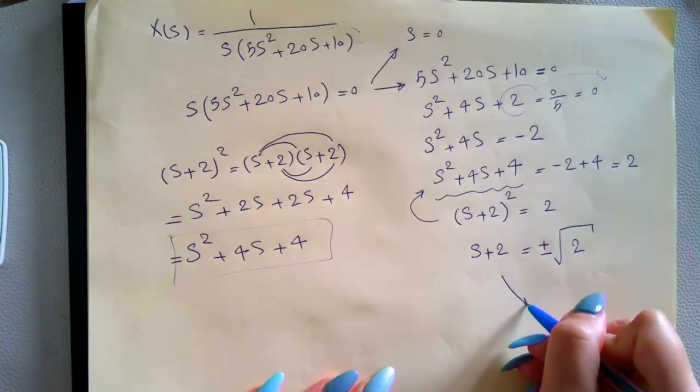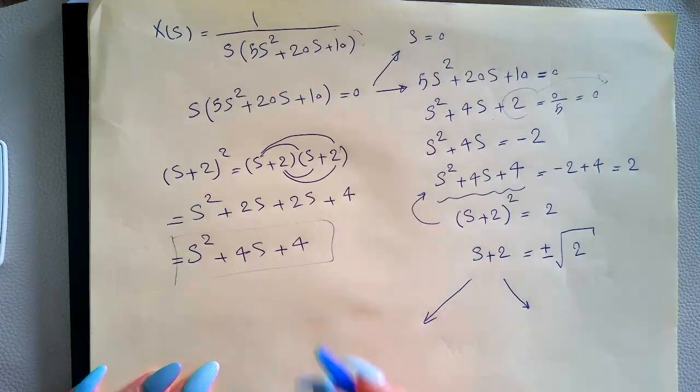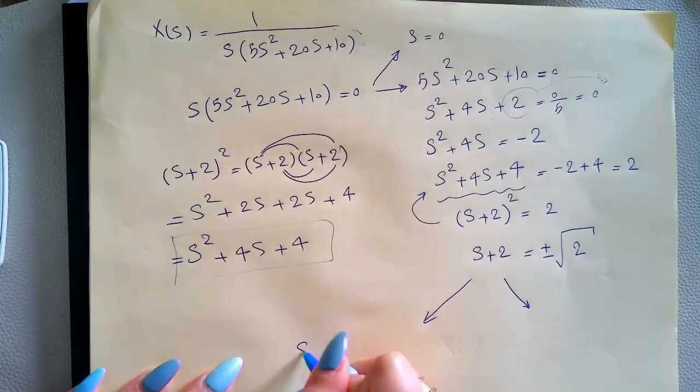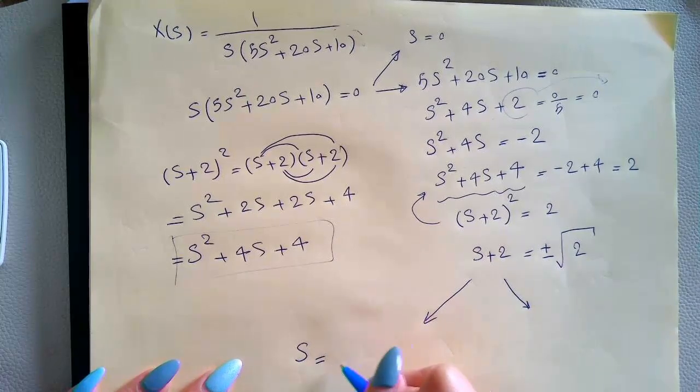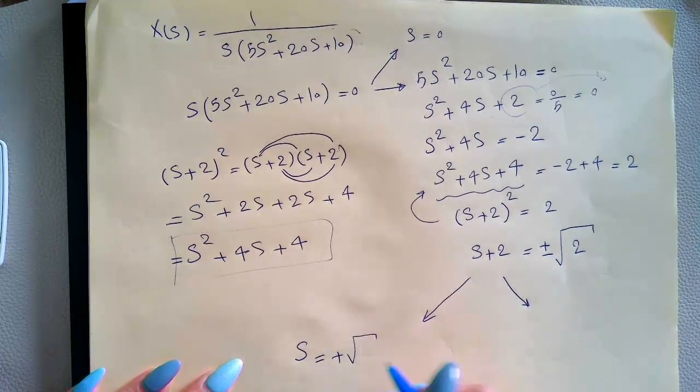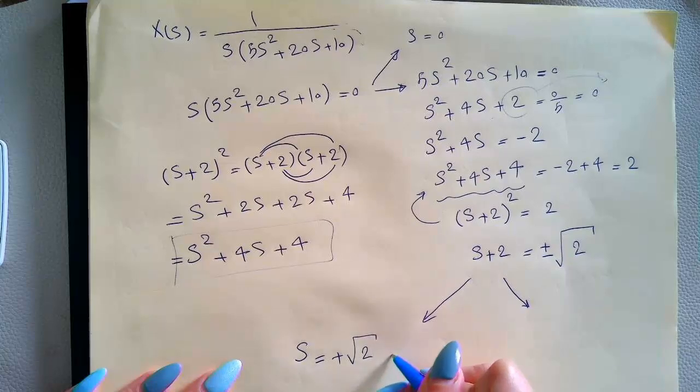So I have two paths here. One is s equal to plus the square root of 2, and the 2 goes to the other side, minus 2.